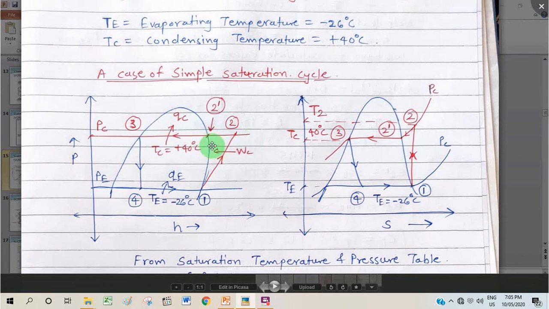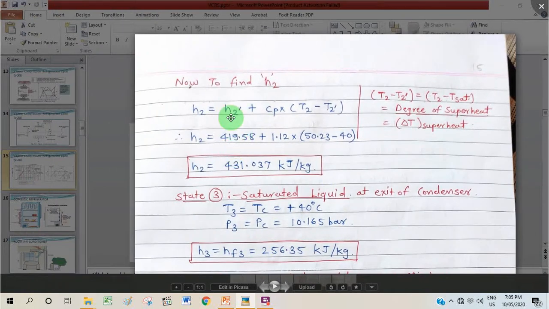Whatever this additional part is, that is the enthalpy of superheat, that we have to add to this. So H2 will be given by H2 dash plus enthalpy of superheat. This is how it is given: H2 equal to H2 dash plus Cp into T2 minus T2 dash. This part is the enthalpy of superheat.